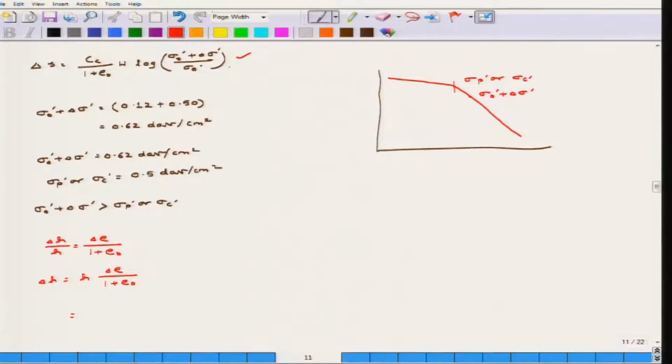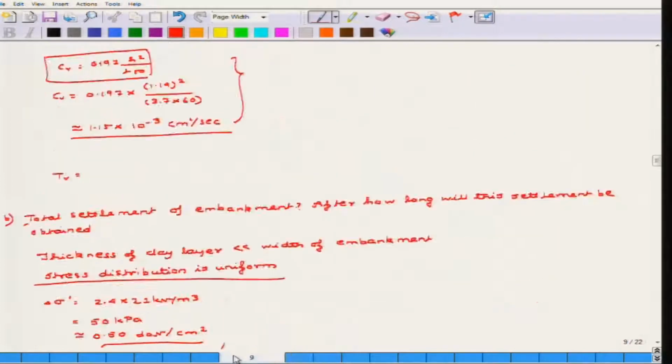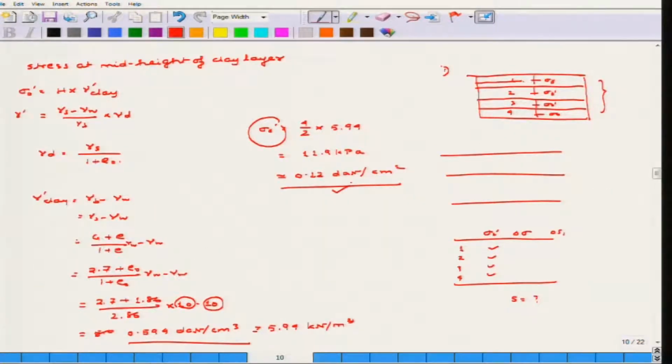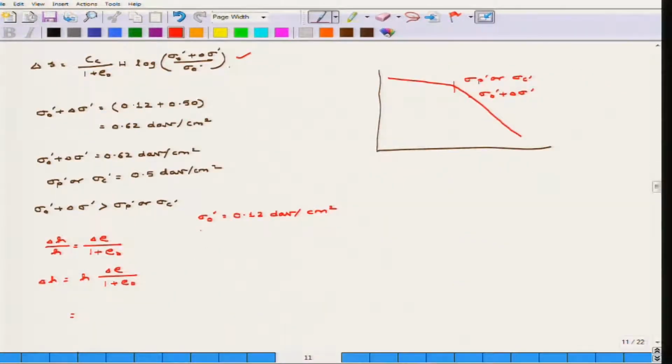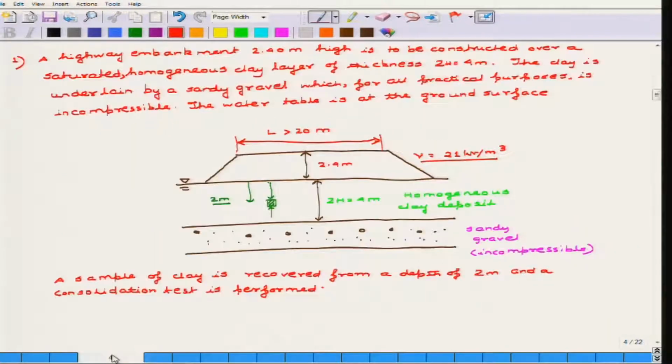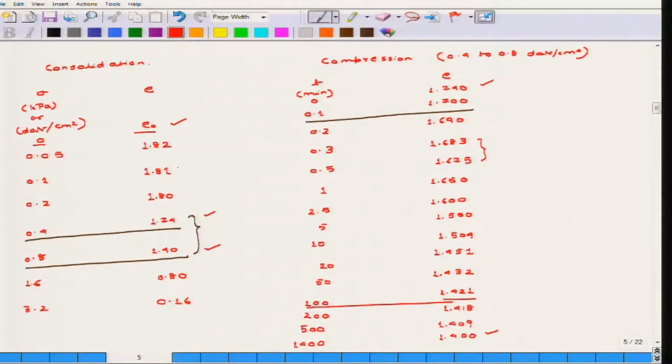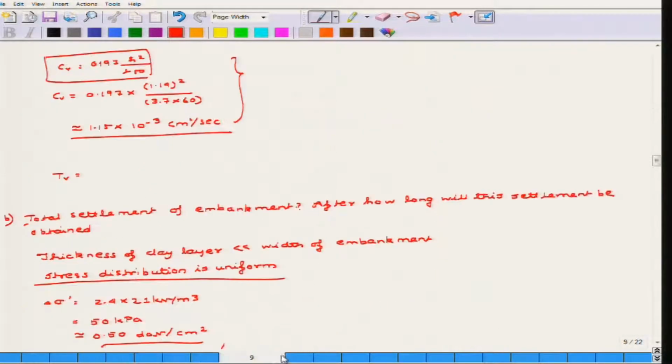Now let us find out the corresponding values. Sigma naught dash is equivalent to 0.12 daN per centimeter square, the stress at the mid height of the clay layer. The corresponding e is equal to 1.80. Now how to find the corresponding e? From here you have to linearly interpolate, that is the only option.